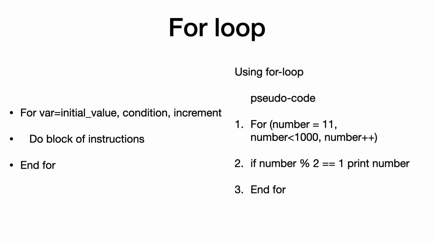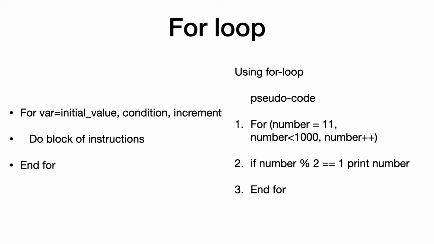The increment is usually 1, but you can have as increment anything that you want. You just need to make sure that with the increment, eventually the condition won't hold, so the for loop will stop. On the right side, you can see the example of solving our previous problem with the for loop.